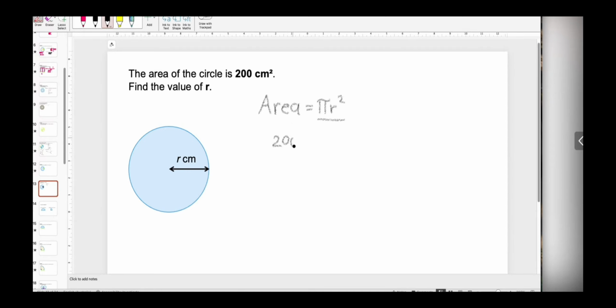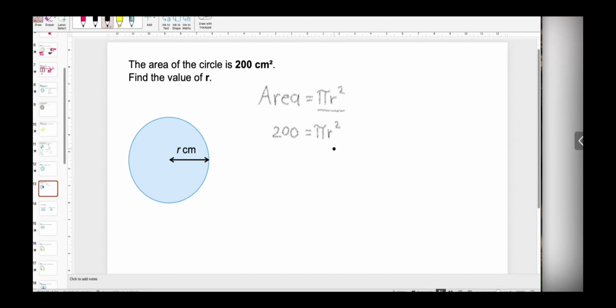So it becomes 200 is equal to pi times the radius squared. Do we know the value for the radius? No, we don't. All right, now we are going to rearrange this formula to make r, the radius, the subject of this formula, because ultimately we want to solve for r.